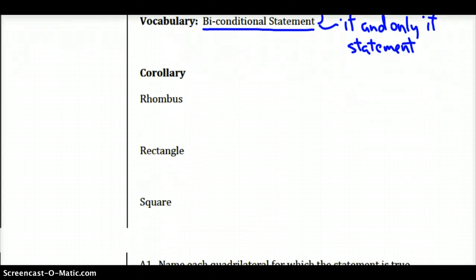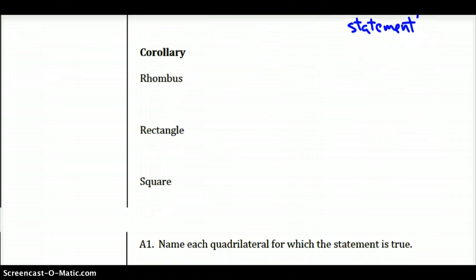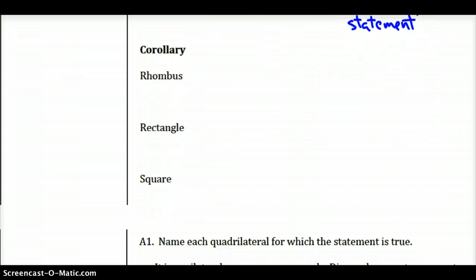Next, we're going to deal with some corollaries. Corollaries are kind of a cross between definitions and theorems.